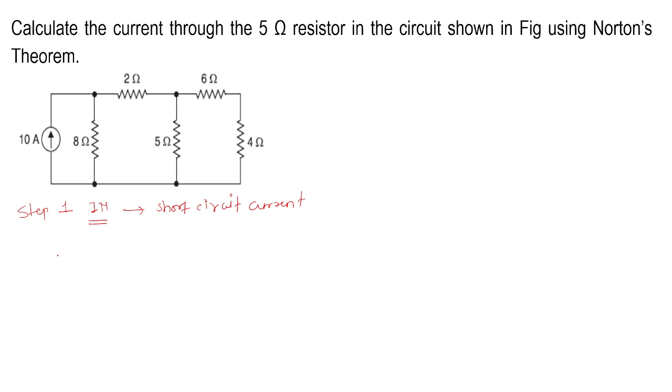IN फाइंड करत असताना आपण काय करणार, सर्किट रीड्रॉ करणार. तर हे 10 एम्पियर ॲज इट इज, दिस 8 ओहम ॲज इट इज, परत हे 2 ओहम ॲज इट इज. सी दिस 5 ओहम दॅट इज अवर RL.